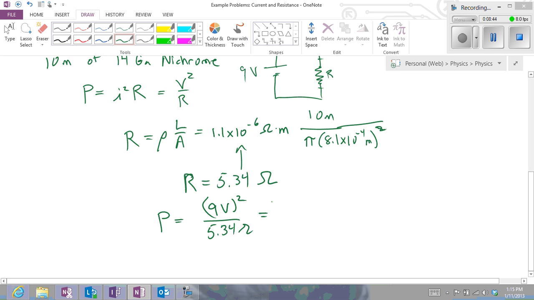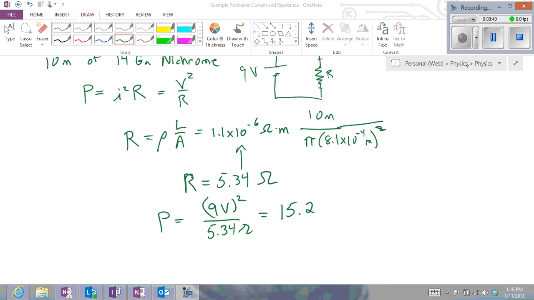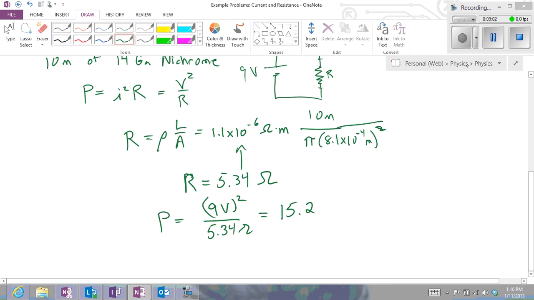And I can do that now real quick too. So that comes out to be 15.2, and now we need some units. We could quote this as volts squared per ohm, but we are all familiar with the proper unit of power, and that works out to watts. So this would dissipate 15.2 watts worth of power here.